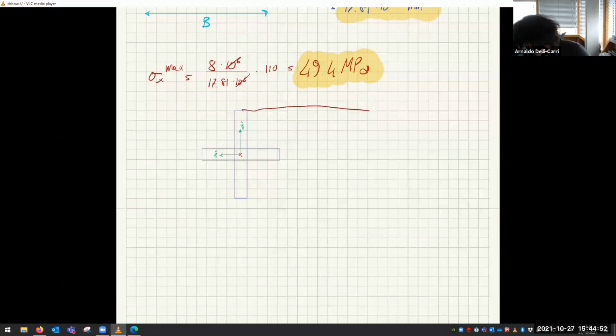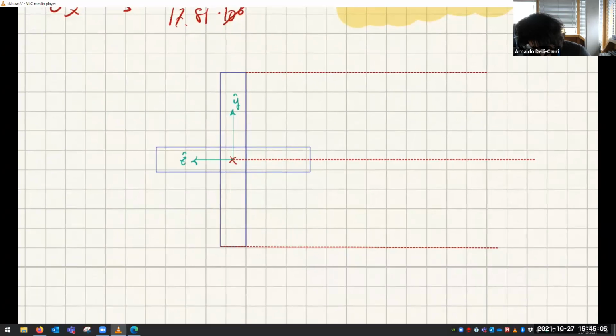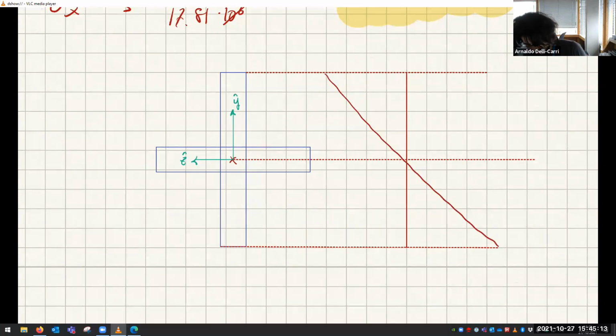This is the top, this is the bottom, this is the centroid. And so all of these dotted lines, and this is the stress distribution passing through the centroid, there we go.